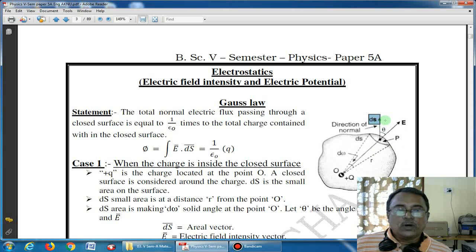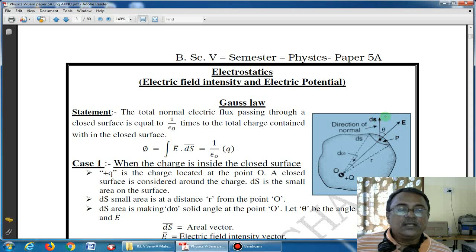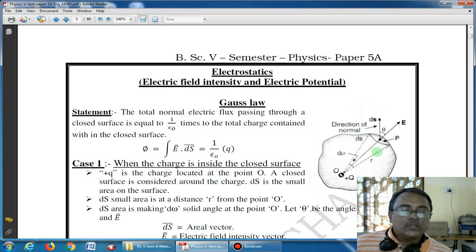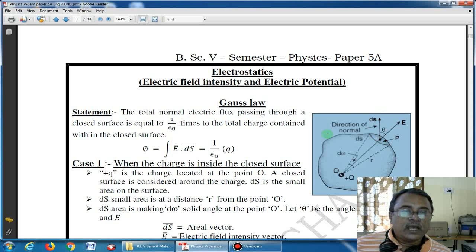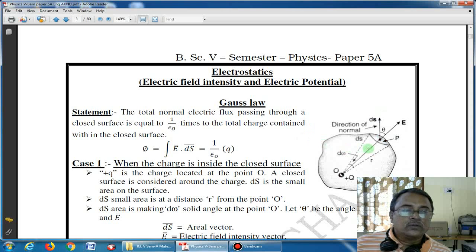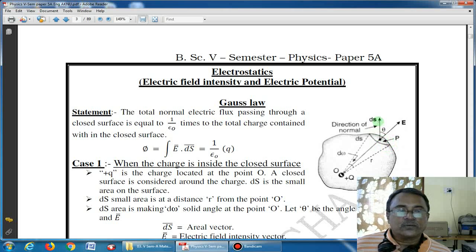This ds bar is called the areal vector. Areal vector means this is the vector that is normal to this surface, and having the same magnitude which is equal to the area of the surface. So, areal vector has the magnitude equal to the area of the surface and normal to the surface.